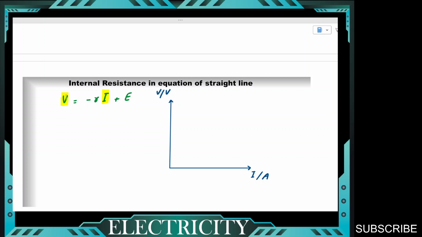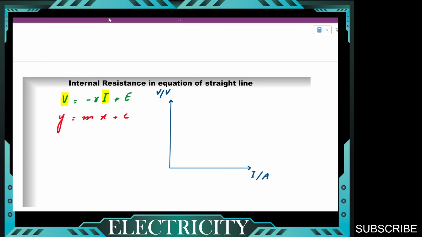How do we know? Because that replicates the equation of a straight line, y equals mx plus c. Then you can see the relation. This one would be your quantity on the y-axis, this one would be your quantity on the x-axis, and E would be your y-intercept, and negative R would be your gradient.